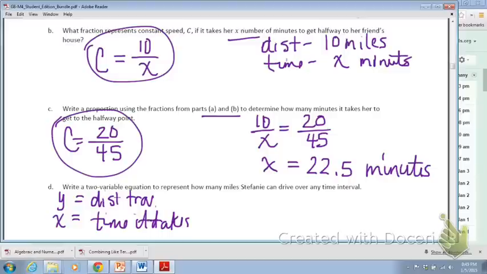And so I can write my constant speed yet another way, that it is the distance traveled over the time it takes, y over x. So I have y over x. So now I can write my equation because I've got y over x is equal to, either of those proportions will work, equals 20 over 45.